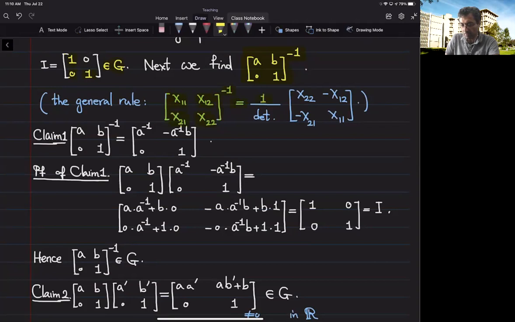We simply multiply by the inverse of the determinant and switch the order of the elements on the diagonal and multiply by negative 1 the off-diagonal entries. So I get x22, x11, flipping the entries on the diagonal, and then multiplying the 1,2 and 2,1 entries by negative 1. So the claim is that we get this equality.